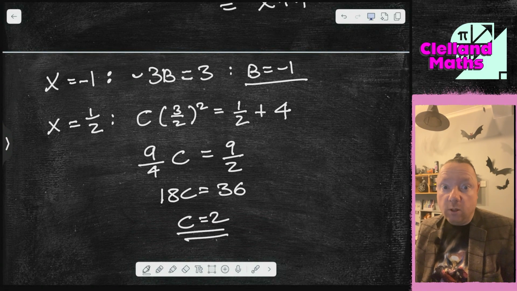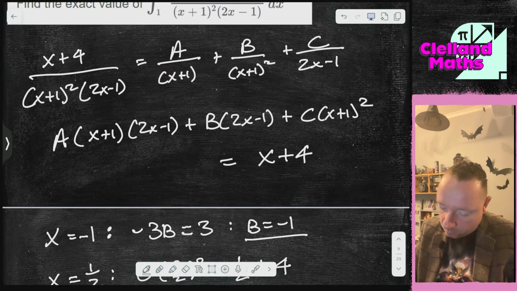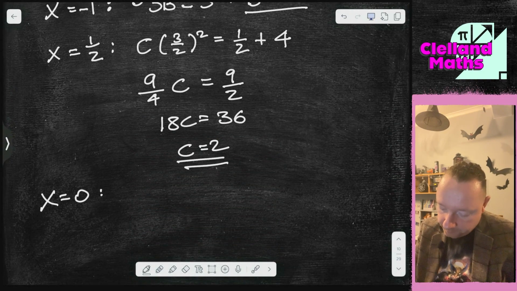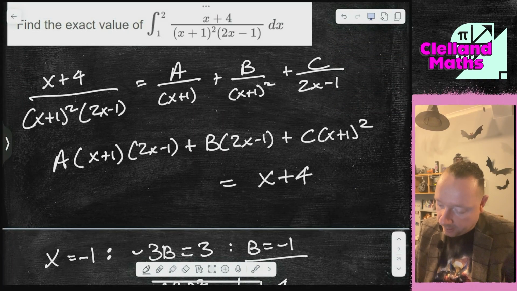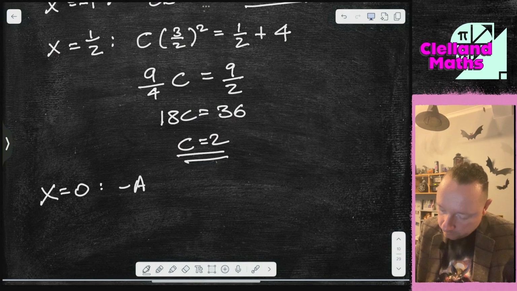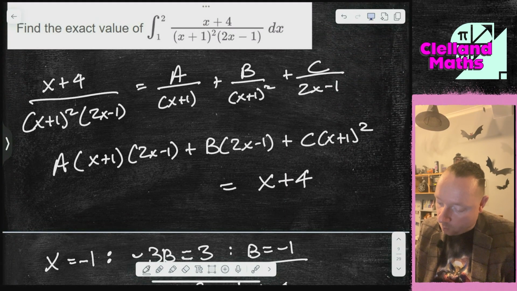And then we just pick any old number. So let's pick x equal to 0. If we go way back up, we get 1 times minus 1 is minus 1, so we get minus A. For the B part, we get minus B. And for the C part, we get 1.